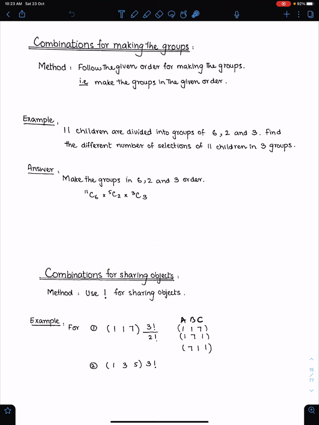Combinations for sharing objects. Always use factorial for sharing objects. For example, if we have to share 9 objects among 3 students and each student must receive an odd number of objects, then we do this in this way: 117, 135 and so on.